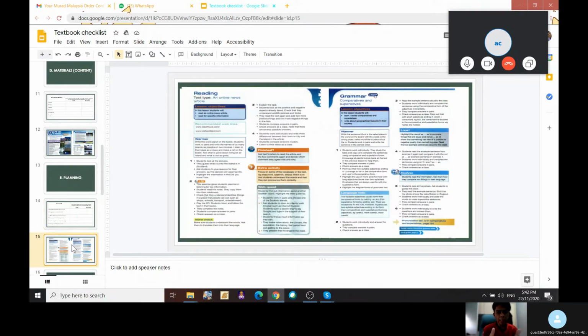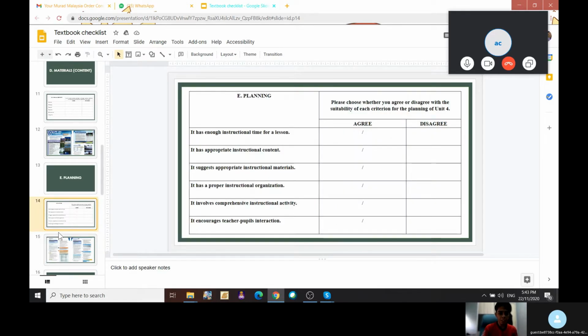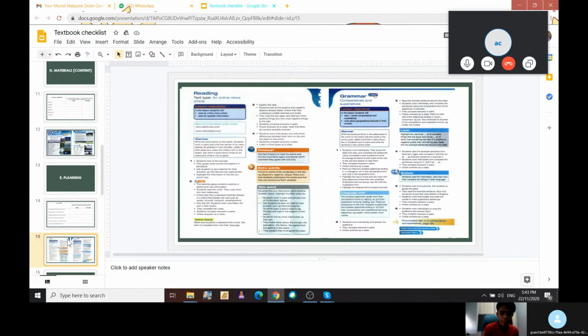I mean, we can see that in the first page, it prepares enough instructional time for a lesson. And then if we look at the second criteria, it has appropriate instructional content. The textbook itself has a lot of instructional content inside the textbook.